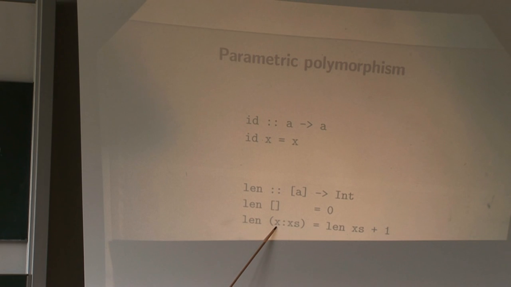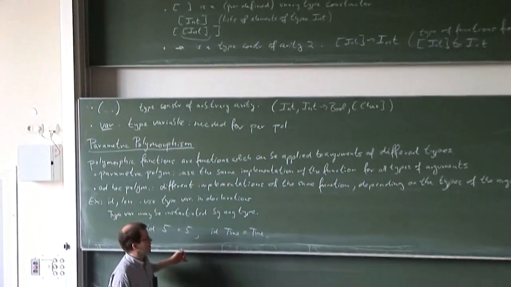You just check how long this list is, and you don't need to know anything about x or xs here, just the length is interesting. So the same implementation can be used no matter whether a is instantiated by int, or by bool, or by functions from int to int, or whatever.